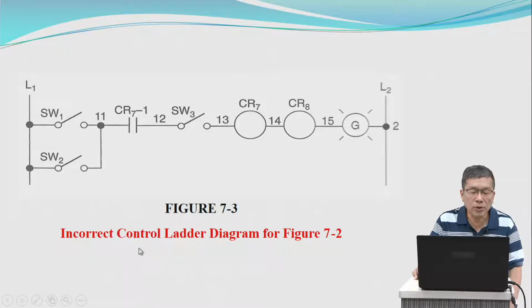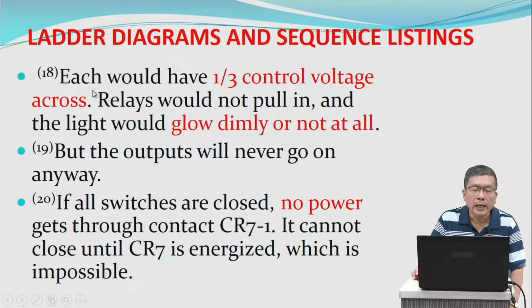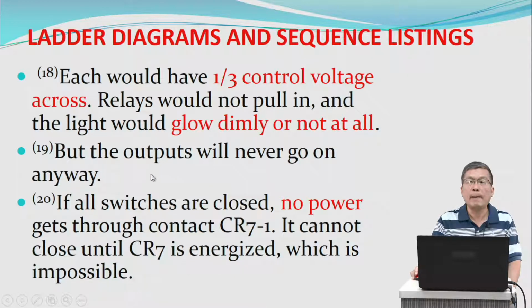This picture shows the incorrect control ladder diagram for figure 7.2. Each would have 1/3 control voltage across. Relays would not pull in and the light would glow dimly or not at all. But the output would never go on anyway.